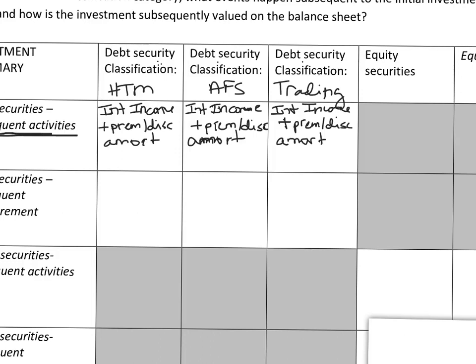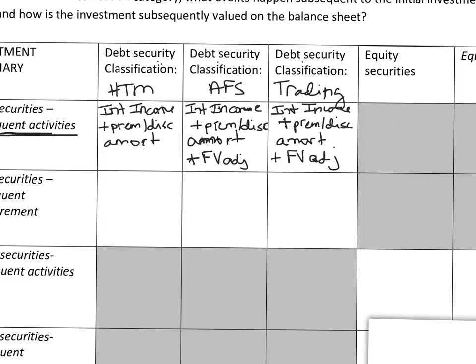With the available for sale securities, we also are going to have fair value adjustments. Okay, so we would have that going on as well. So those are the subsequent activities. This handout also asks us just to think about subsequent measurement, just a reminder.